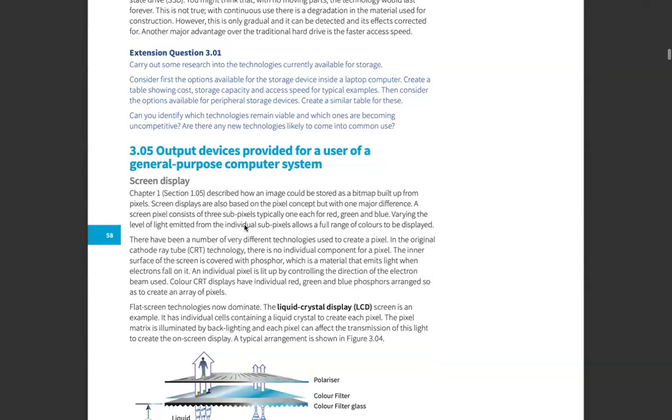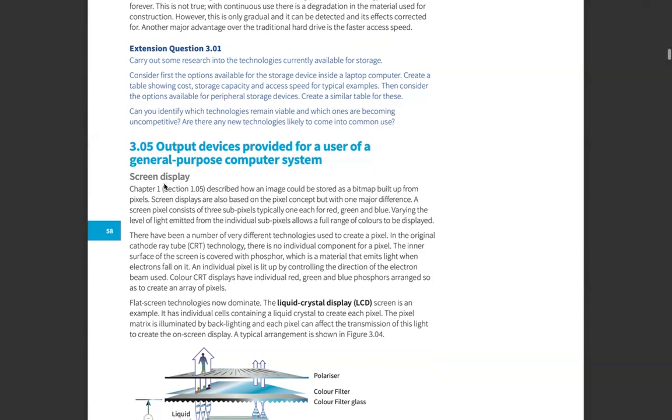So for the output devices provided for a user of a general purpose computer system, the first one is the screen display. Chapter 1 described how an image could be stored as a bitmap built up from pixels. Screen displays are also based on the pixel concept, but with one major difference.